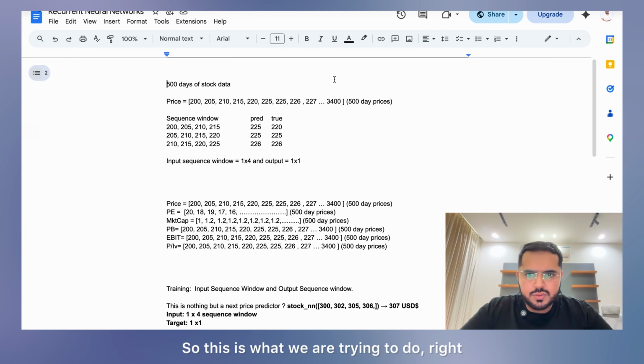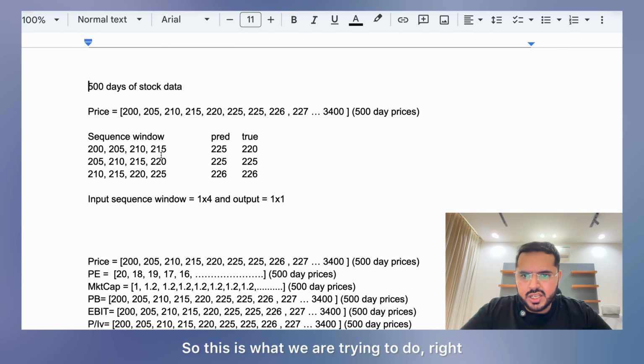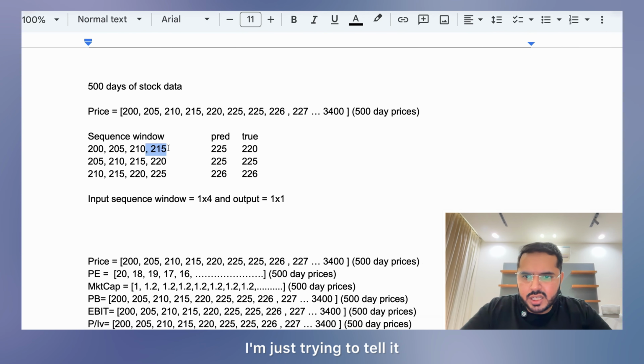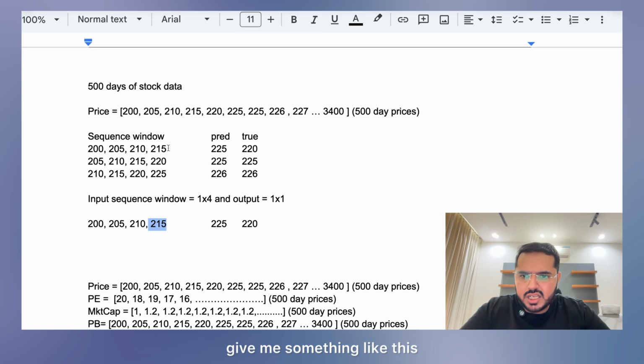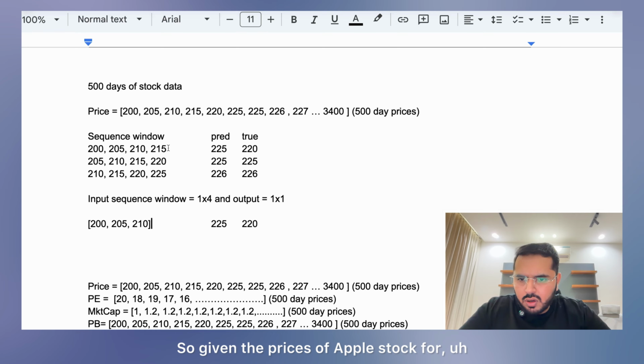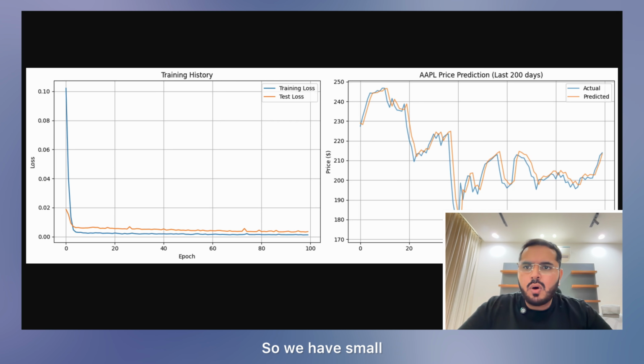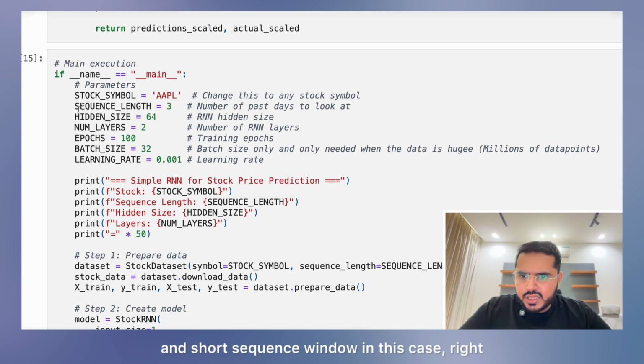So this is what we are trying to do. Given the prices of Apple stock for the Tth day, T plus 1th day, T plus 2th day, help me predict T plus 3th day, right? So we have a small and short sequence window in this case.